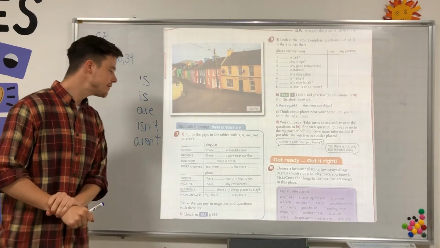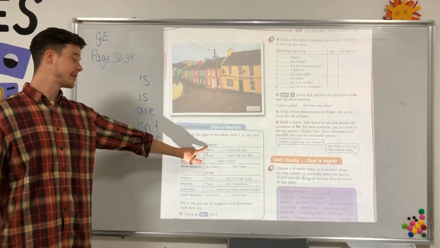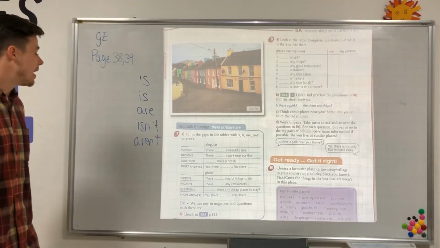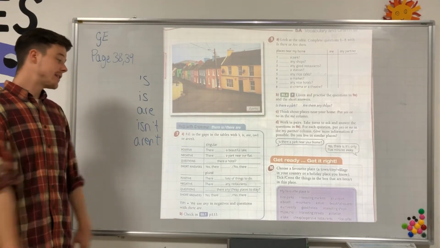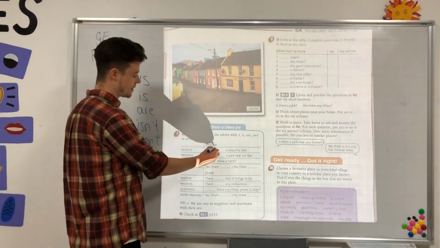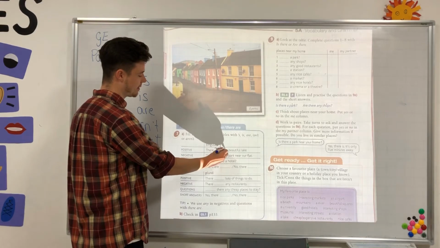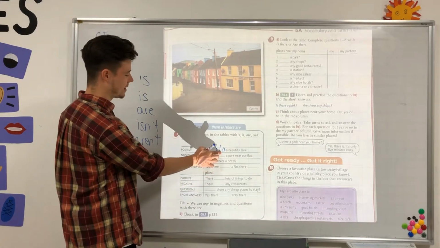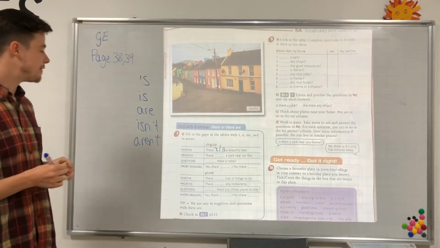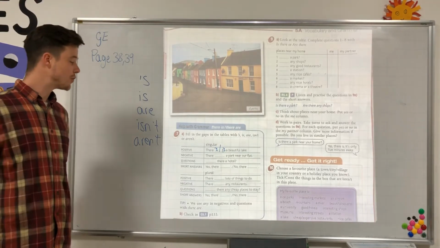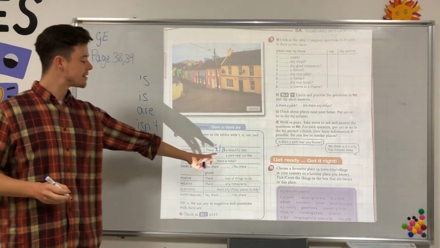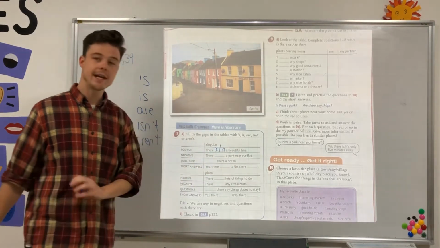For positive, and we can see it is singular, so 1, we use, so we can say there is a beautiful lake, so we can use apostrophe S or is. Okay. For our negative rule, we can say, so we have there's a park near our flat.